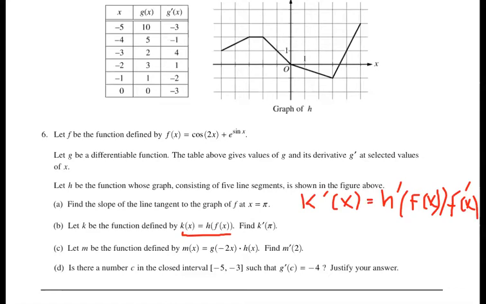And now we want to find k when x is pi, so we stick pi in for these x's. So now I need to find these values. Well, we just found for problem number 1 that f prime of pi is -1, so we can stick -1 in for that. I need f of pi, so I'm going to come up here and stick in pi for these things. So we need the cosine of 2 pi plus e to the sine of 2 pi.